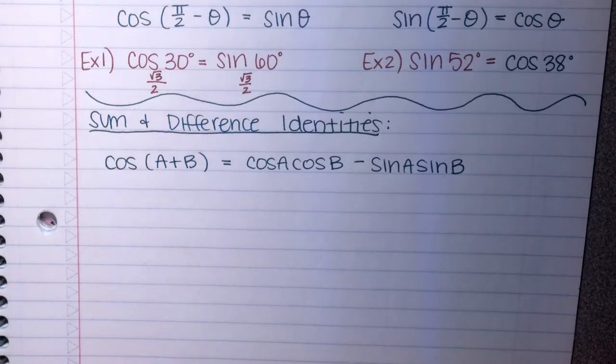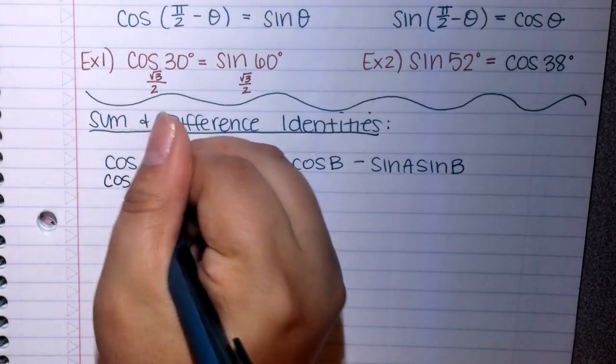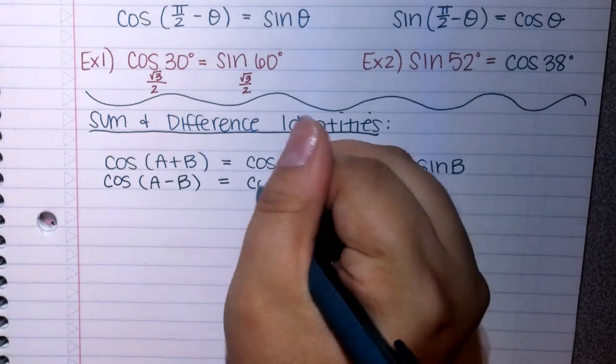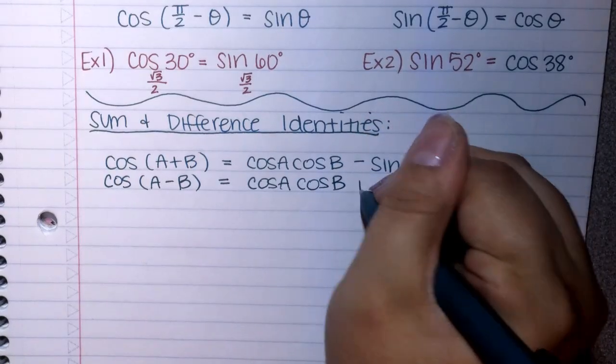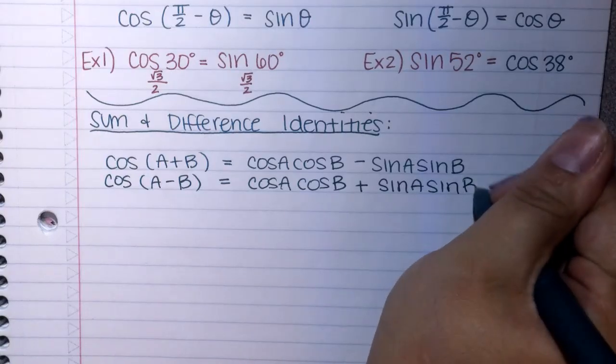Would you like me to give that to you? We don't have time. I can give it to you later. But this is the identity. This is true. Likewise, the cosine of a minus b is equivalent to cosine a cosine b plus sine of a sine of b.